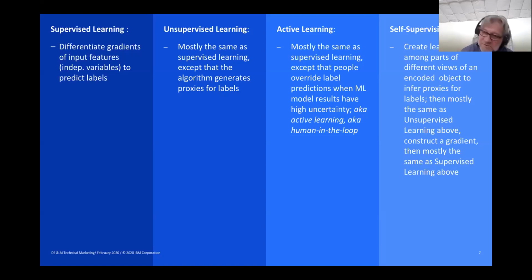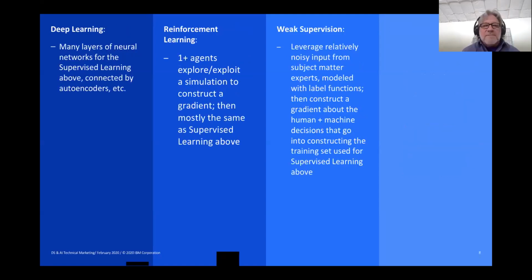In which case you're also constructing kind of a gradient. You're reapplying a lot of supervised learning techniques. Of course, we talk a lot about deep learning, many layers of neural networks. Obviously there's some connection between them, structural features such as autoencoders and others that work in between the layers. But it is supervised learning.